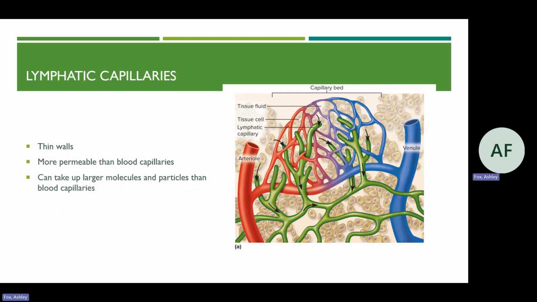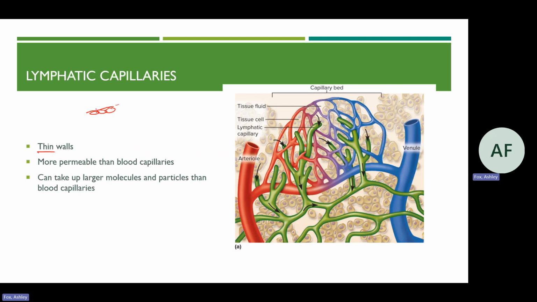So some characteristics of lymphatic capillaries besides them being blind ended, meaning that they're just kind of one-way street, is they're very thin walled. So it's the same thing that we have with blood capillaries. Why are they thin walled? Well, they are absorbing as well. So we saw blood capillaries are just kind of an endothelial layer with a basement membrane, very, very thin walled because diffusion's occurring across them.